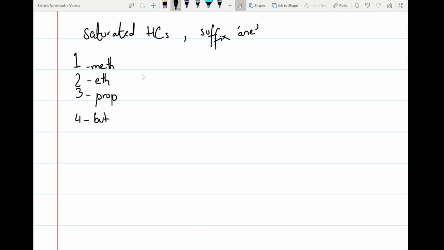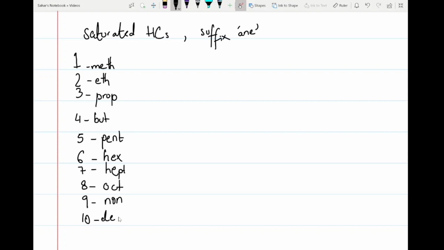Then moving on to 5 carbon compounds, they're named starting with pent. When we move on to 6 carbon compounds, we use the prefix hex. In 7 carbon compounds, we use the prefix hept. In 8, the prefix is oct. In 9, it's non. And then in 10, we have dec as the prefix.